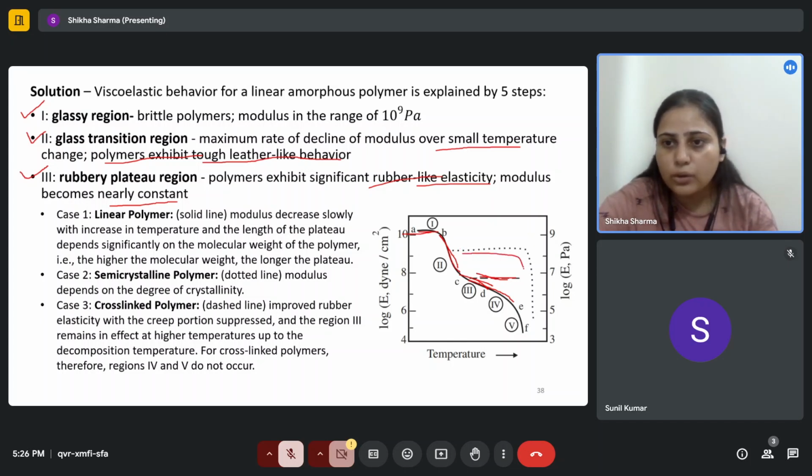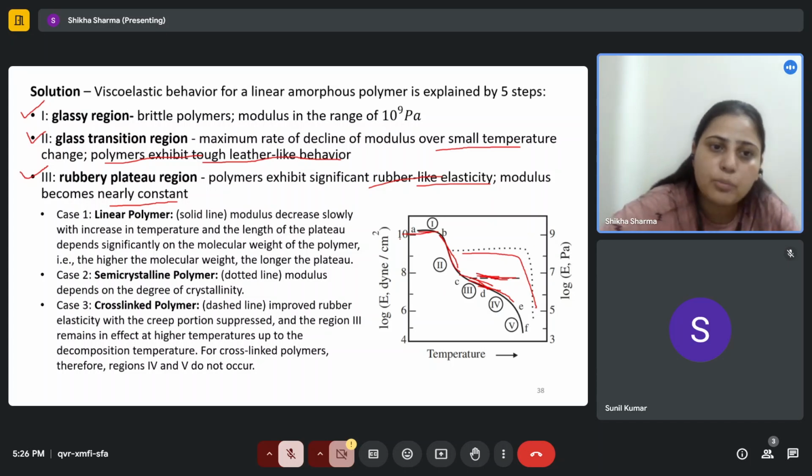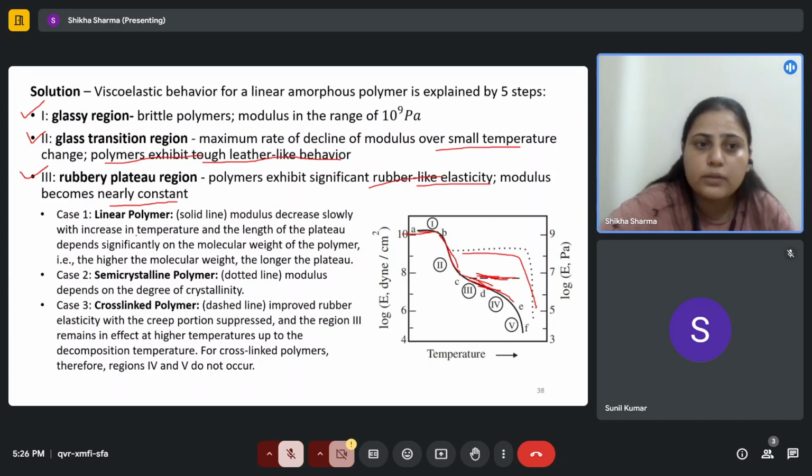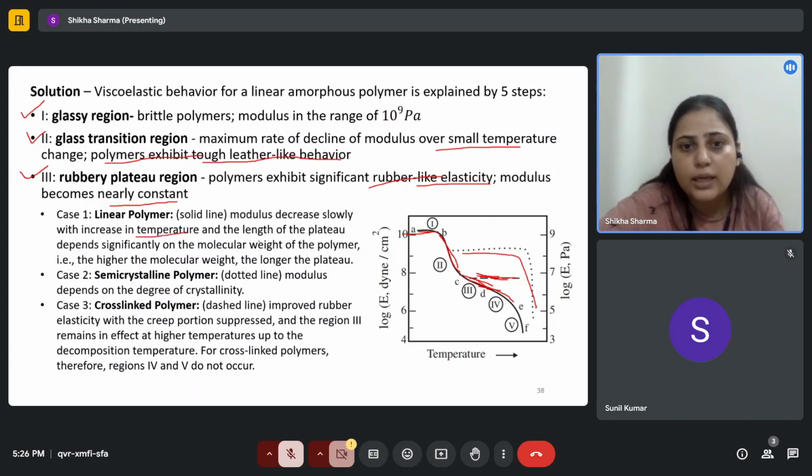This is the dotted line, this is the dashed line, and this is the solid line. If it is a linear polymer, it will follow the solid line, where the modulus decreases slowly with increase in temperature, and the length of the plateau depends on the molecular weight of the polymer. If the molecular weight is higher, the plateau will be longer.